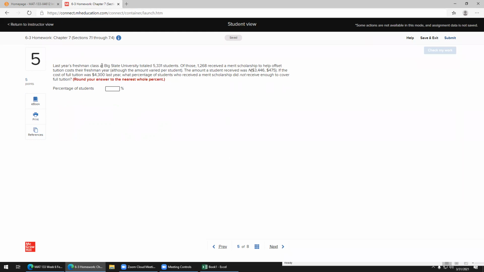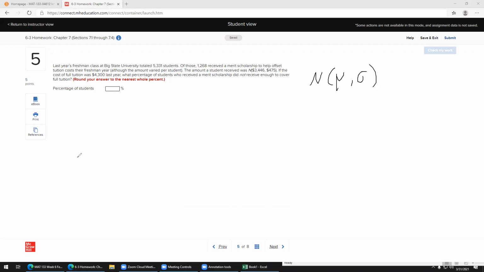Last year's freshman class at Big State University totaled 5,331 students. Of those, 1,268 received a merit scholarship to help offset tuition cost. The way this is written here, this N thing, a normal, the first number is the mean, the second number is the standard deviation.